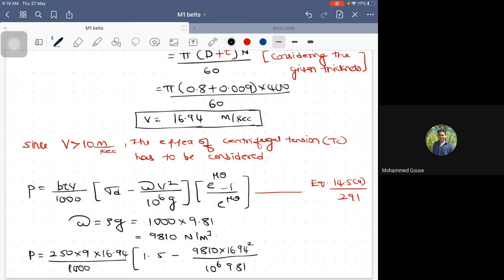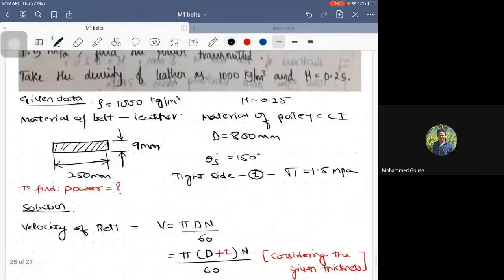Then e to the power of mu theta, mu is given as 0.25 cross 2.617. What is this 2.617?